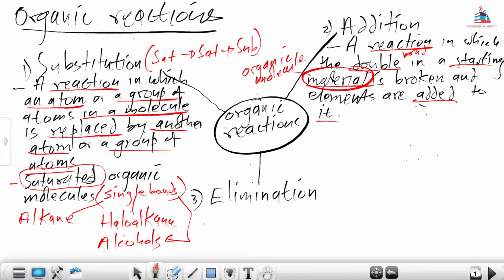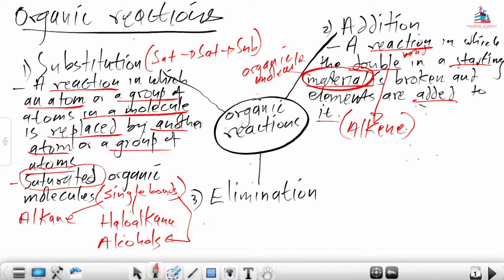So it basically says that for an addition reaction to take place, the only thing I must be looking for is an alkene. An alkene will only undergo addition.